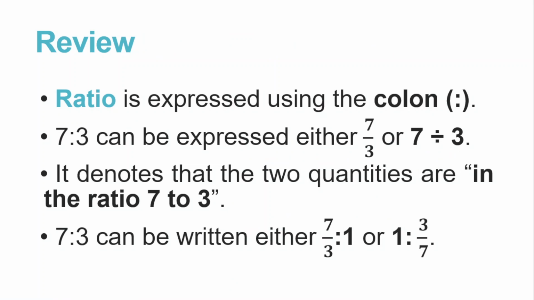So, quick review. Ratio is expressed using the colon symbol. For example, we have 7 is to 3, and it can be expressed either as 7 to 3 or 7 divided by 3. It just means that the two quantities are in the ratio of 7 to 3.